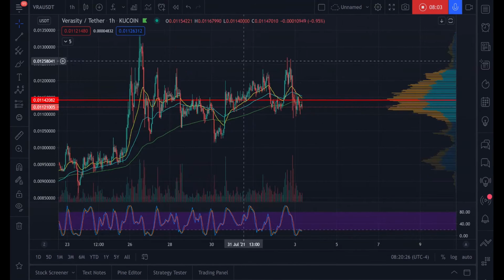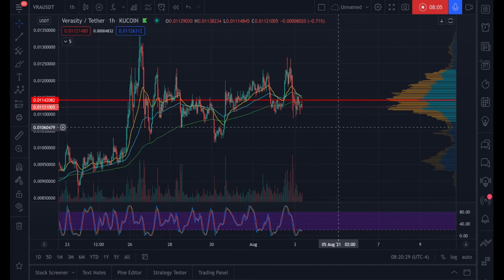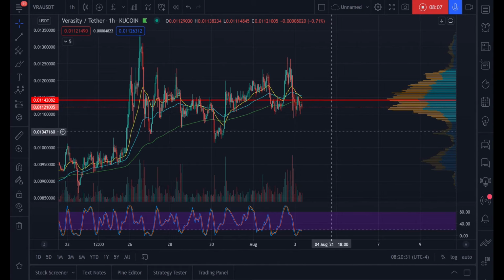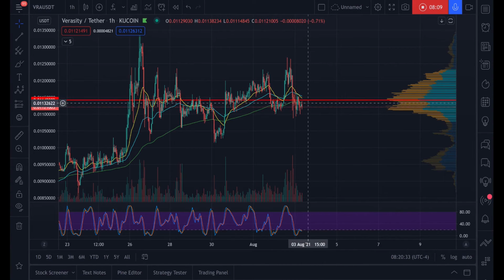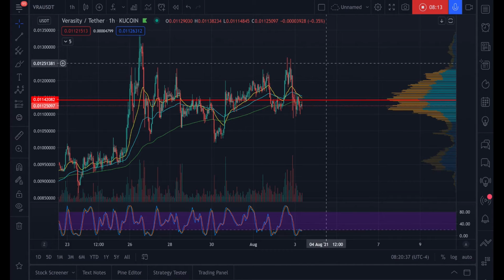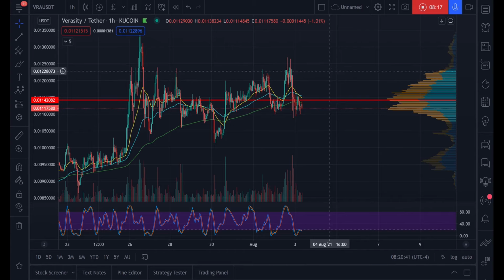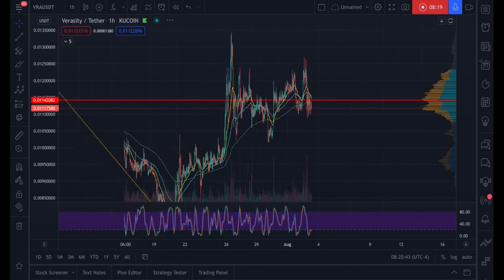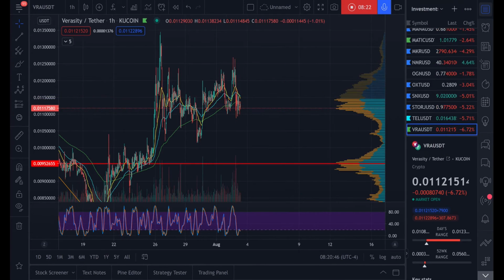But I think that here may be the bottom of this project, because what we may see is another run up or attempt for this price to go up before that C correction. So those are just my thoughts on VRA.